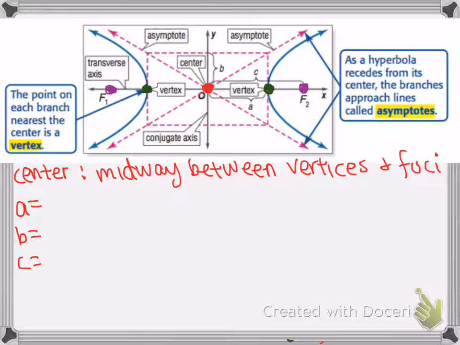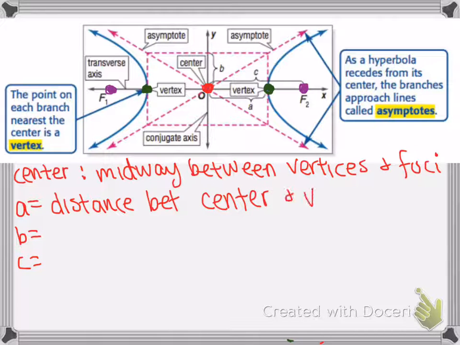A is going to be the distance between the red and the green dot. It's basically the distance between the center and your vertex. C is a little bit easier to see, so we're going to do that one next. C is the distance between your center and your foci, that purple dot.